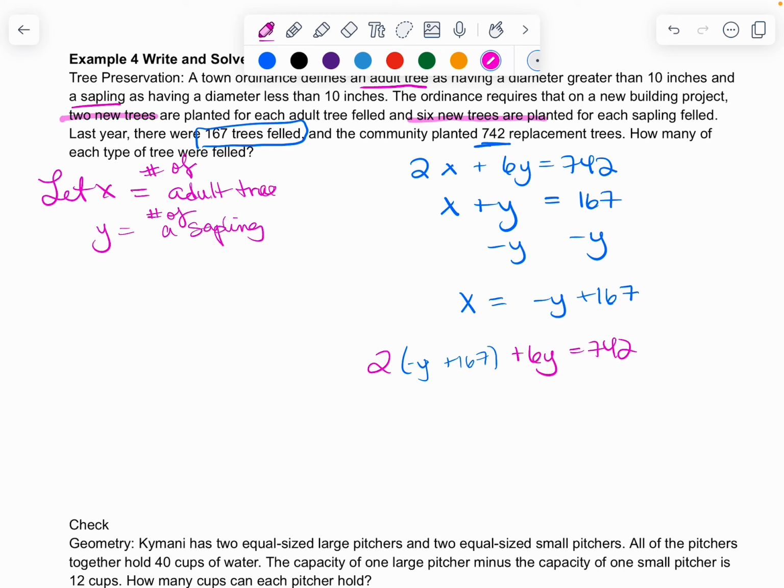Okay. So now, I'm going to take this, I'm going to get negative 2y plus, and just so I don't get it wrong again, 334 plus 6y equals 742. Okay. So I'm going to combine like terms, and I'm going to get 4y plus 334 equals 742.